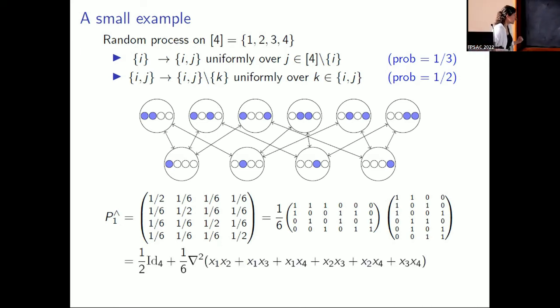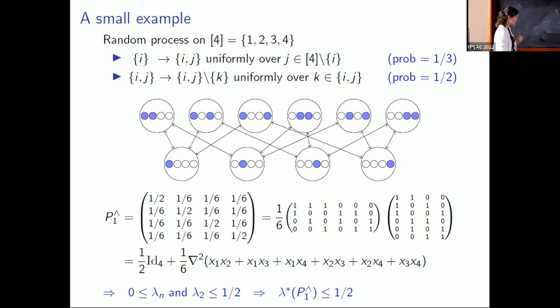And the other notable feature of this matrix is that it is 1/2 times the identity matrix plus 1/6 times the Hessian of this polynomial, the elementary symmetric polynomial of degree 2 in 4 variables. And in particular, this polynomial is log-concave. And so we know that the second largest eigenvalue of this piece is at most 0, which means that the second largest eigenvalue of this matrix is at most 1/2.